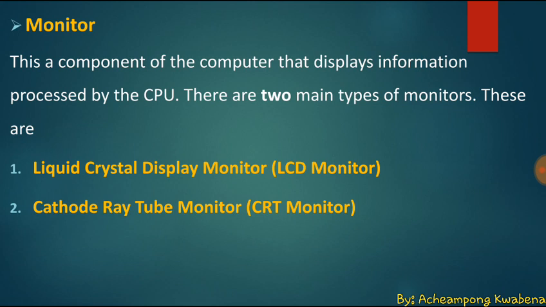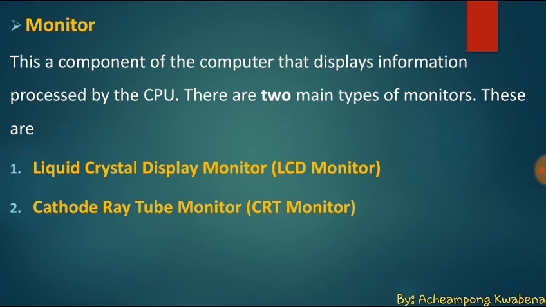Now let's look at the other component. We have the monitor. The monitor is also a visual display unit, and it displays information for the user to see. I hope some of you are familiar with monitors. Even in our homes, some people use the monitor to watch television or use the television as a monitor.